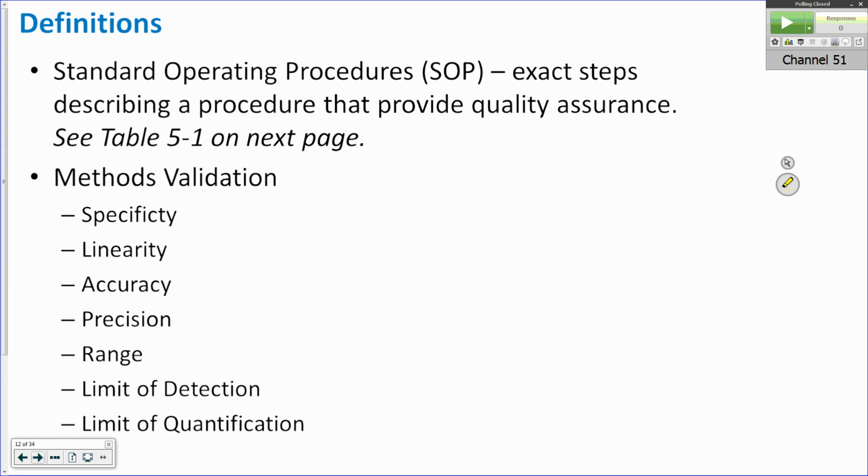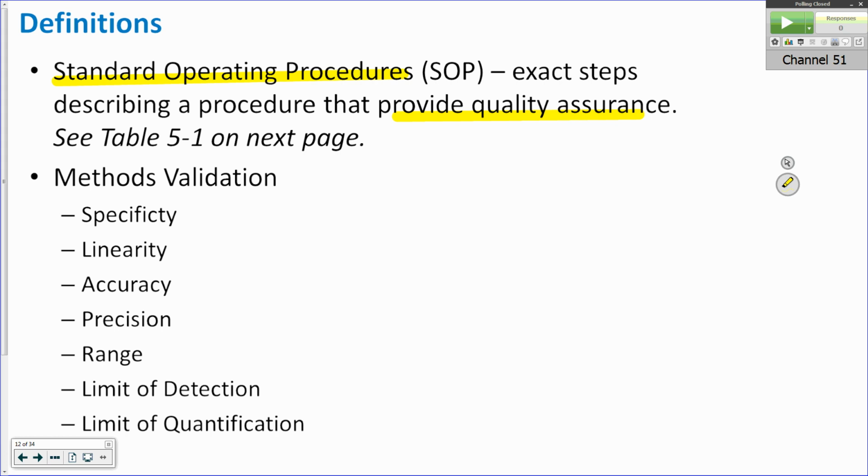Then there was a set of definitions that I went over that go along with what's called SOPs, Standard Operating Procedures. Basically, this is your instruction guide. It's your set of what-to-do steps to make sure that you're doing the analysis in a way that provides a reasonable quality assurance.